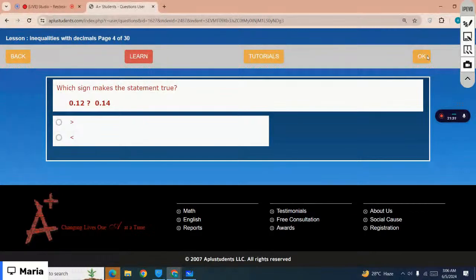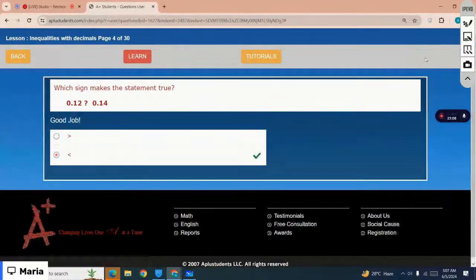Which sign makes the statement true? 0.12 and 0.14, which is the correct option? Yes, less it is. 0.12 is less than 0.14. The correct option is less.